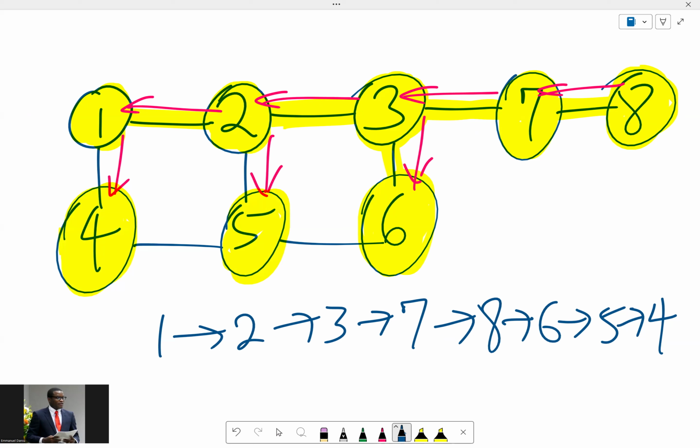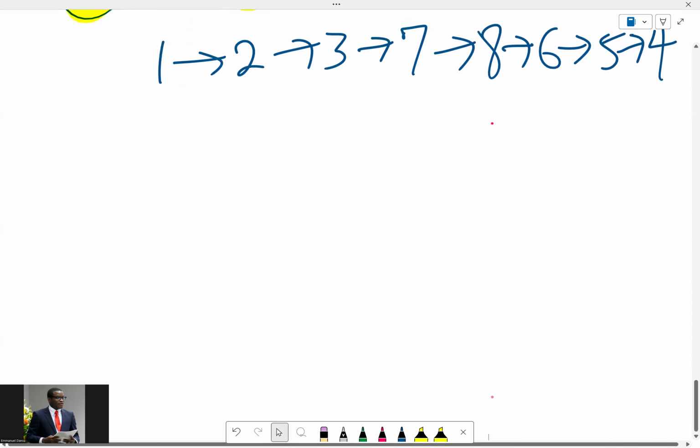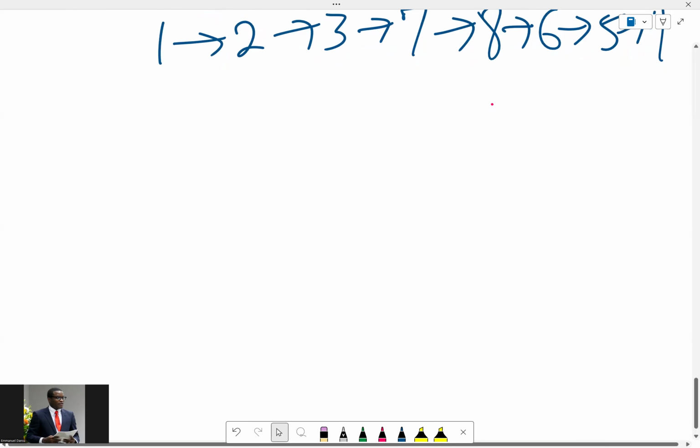So, in that case, it is important to talk about the characteristics of depth first search. So let's talk about some key characteristics of the depth first search algorithm.